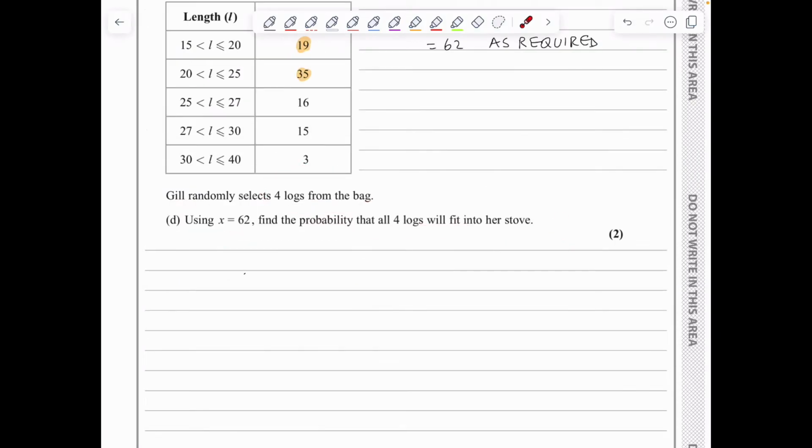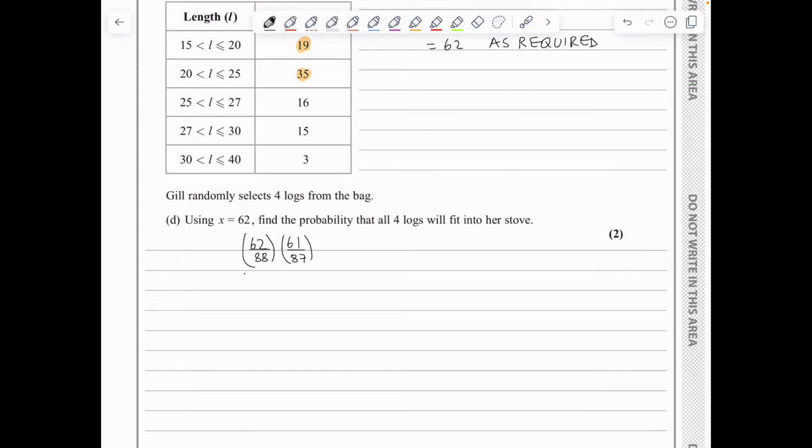We're then told that we will be randomly selecting 4 logs from the bag, and using X is 62, we need to find the probability that all 4 logs will fit into her stove. So we need to realize here that we are looking at sampling without replacement. So we start with 62 over 88 as the probability of the first one fitting in, and then it's 61 over 87, so we are dropping 1 each time.